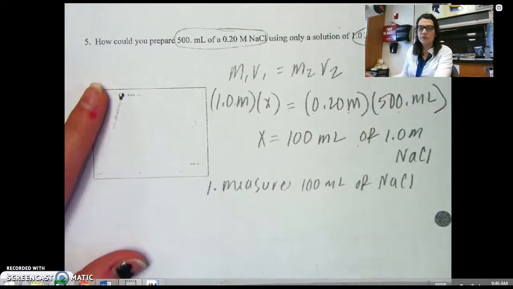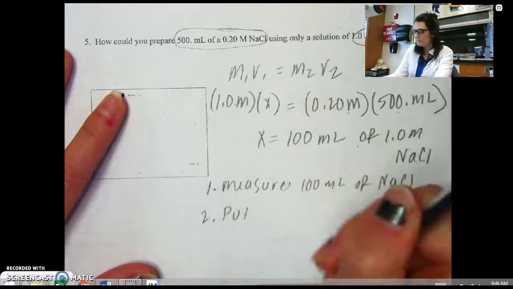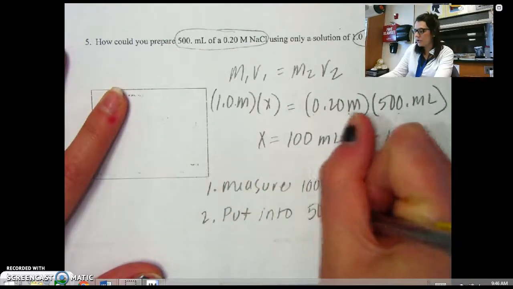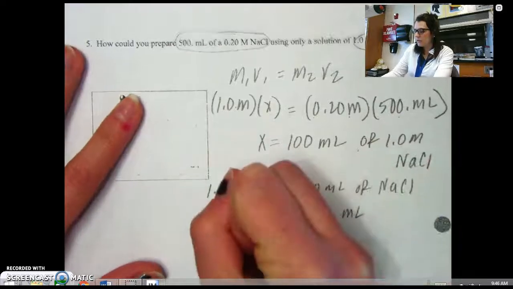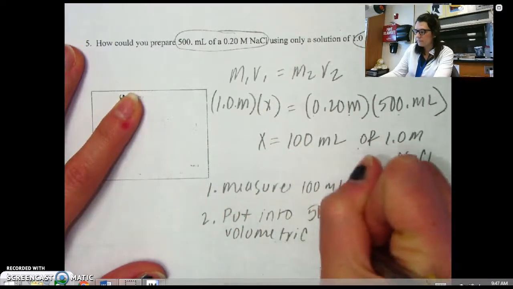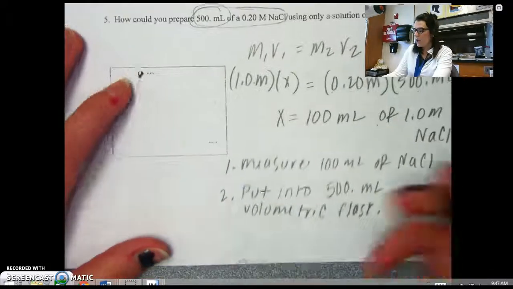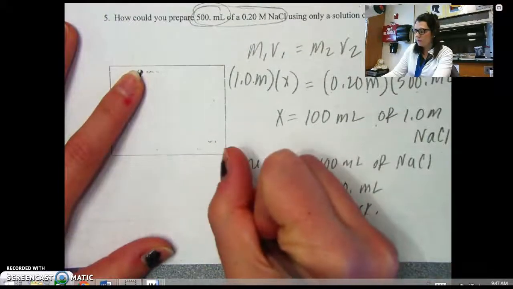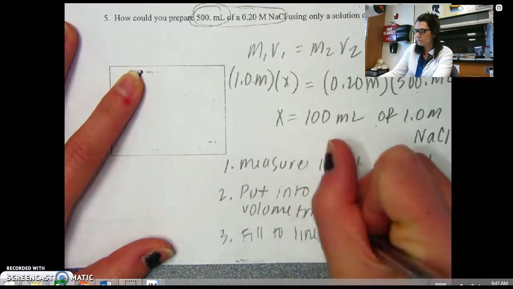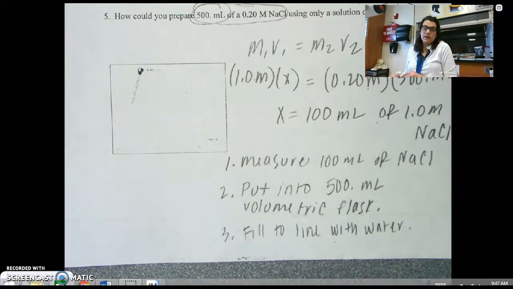The next thing I would do is put it into a 500 milliliter volumetric flask, because that's how much of the solution I want. Okay. I would then fill to line with water. And that's it. And that's how you would dilute a solution.